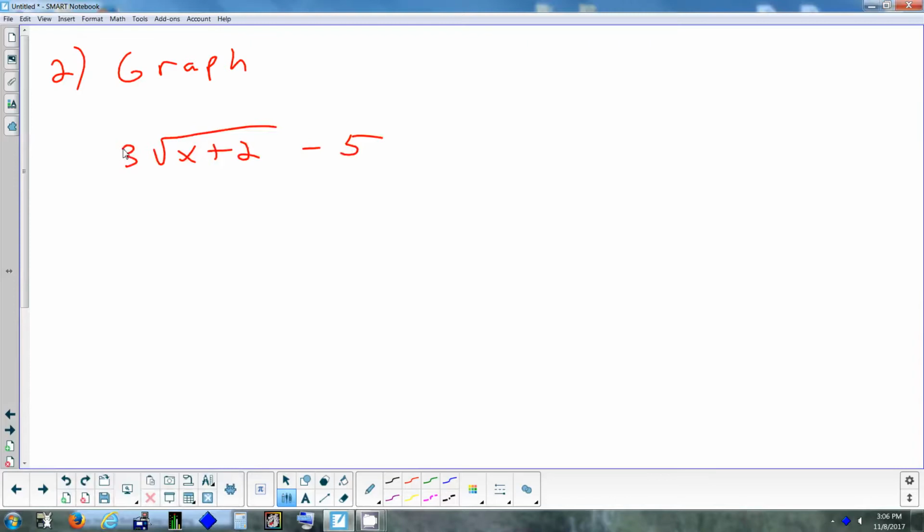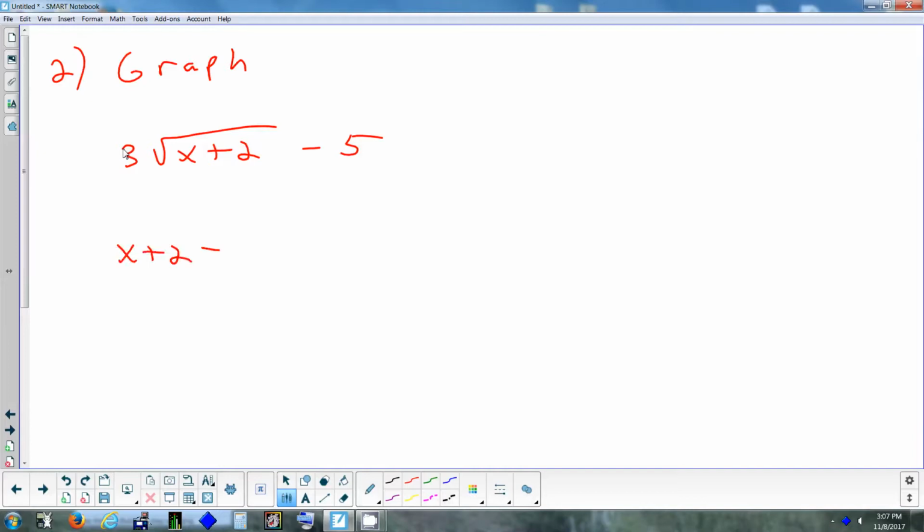So the first thing you want to do is figure out where the starting point would be. Now, if you didn't shift it, where would the starting point have been originally? If we didn't do any of that stuff to it and just looked at the basic function. Yeah, it would have been at the origin. So now we need to figure out where the starting point is.